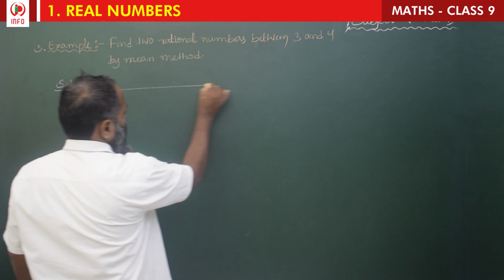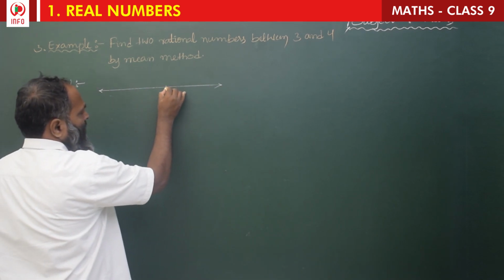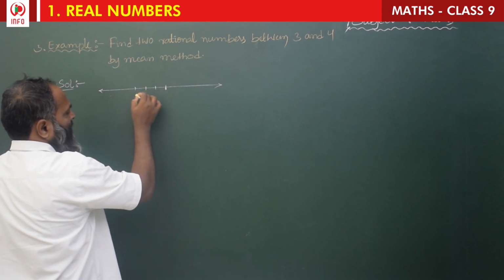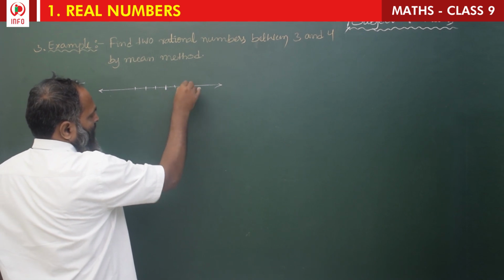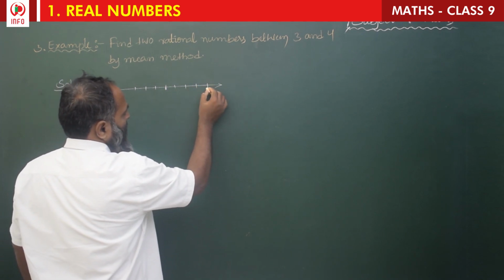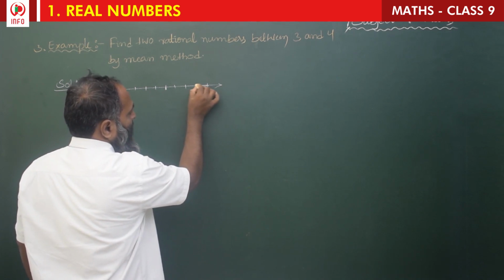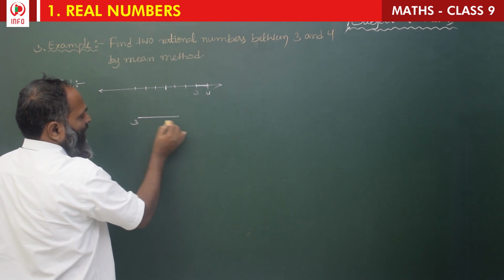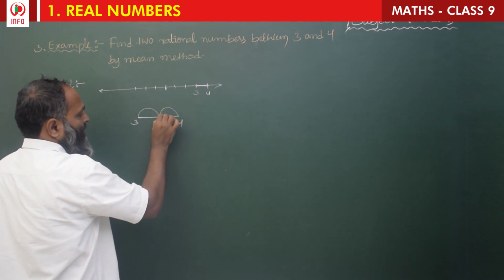First draw your number line here: 0, 1, 2, minus 1, minus 2, minus 3, here plus 1, plus 2, plus 3, plus 4. Here 3 is there and here 4 is there. Between 3 and 4 we should find two rational numbers.